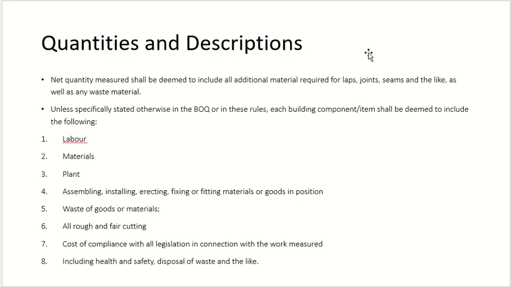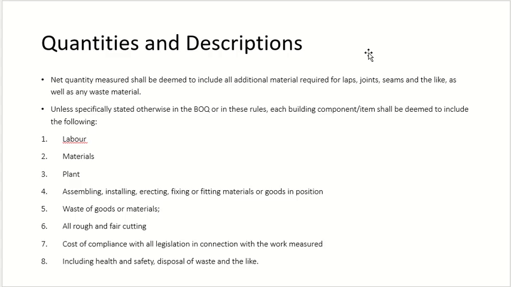Plant meaning any equipment you are using, mixing plant or generator or something like this. If you have to fit and fix any material on the site, like formwork, I'll give you the quantity of formwork. That's it. You will not charge me extra money for fixing the formwork. It is part of it. Wastage I already mentioned.